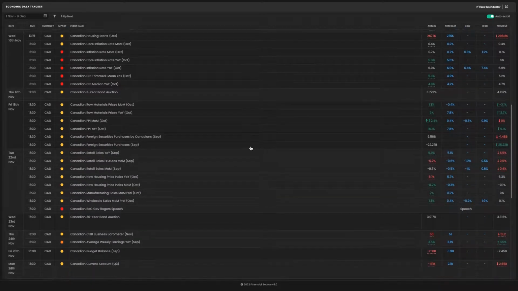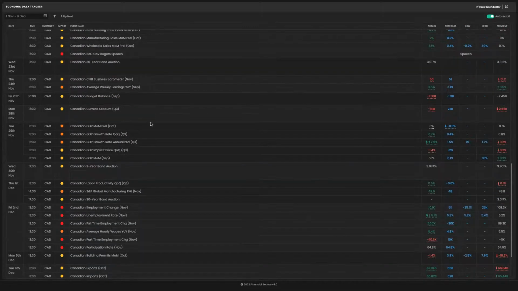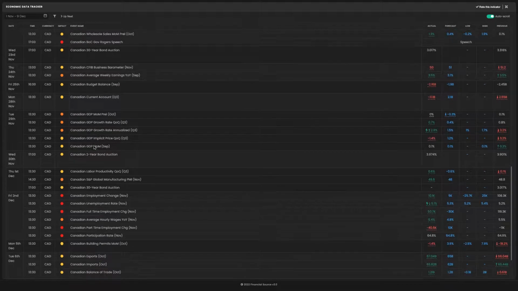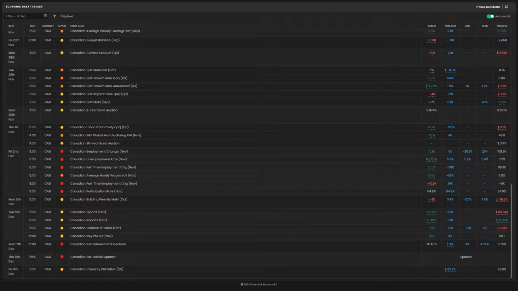We've had the purchase price index fairly strong, so inflation is remaining elevated. We've got a strong GDP growth rate, and unemployment way below expectations, 5.1% against the forecast of 5.3. So that's a strong labour market. Full-time employment is above the minus 30,000 expected, robust, and hourly wages are 5.4%.